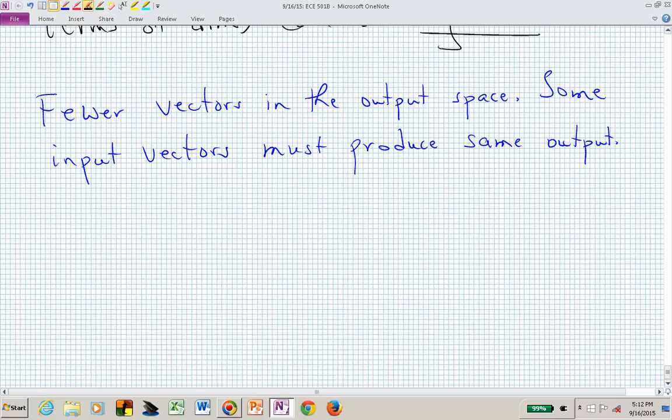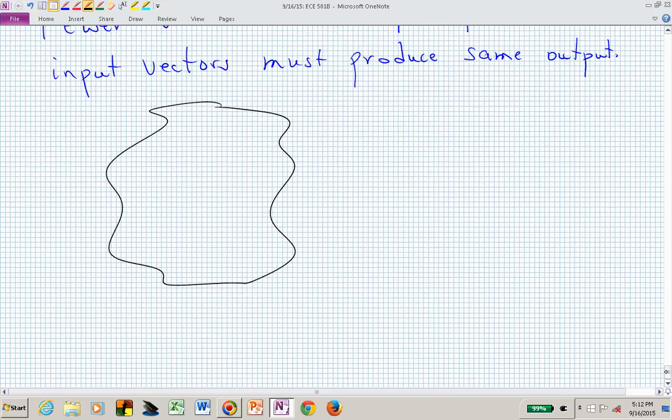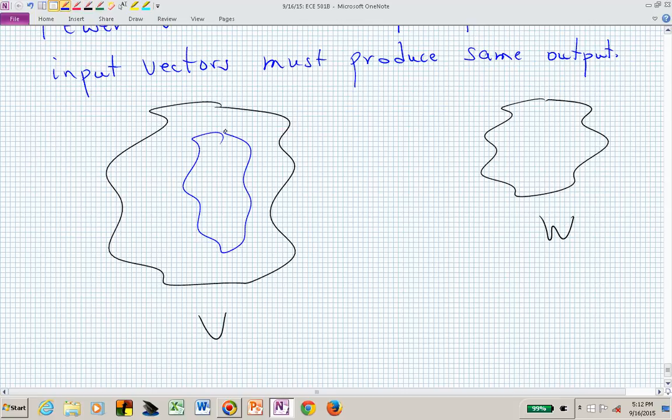This is just screaming to go to the cloud, isn't it? So here is our V, and here is our W. And what we're saying is that, well, maybe I should have, let me try to draw that to the same point.